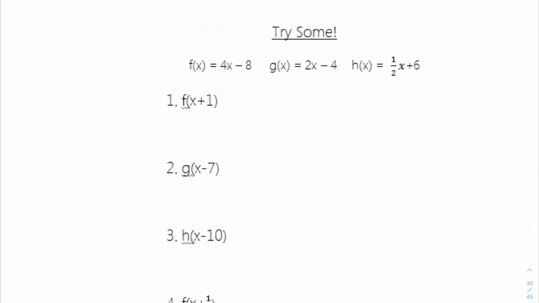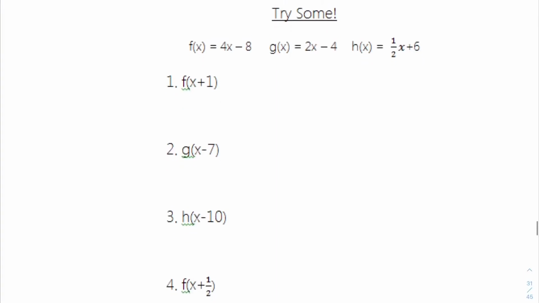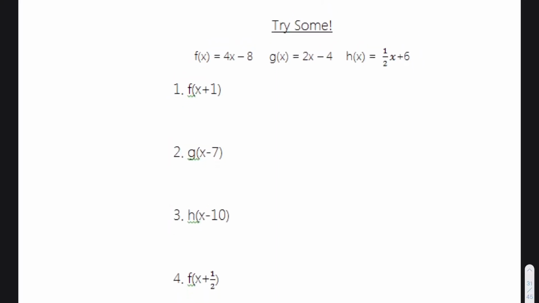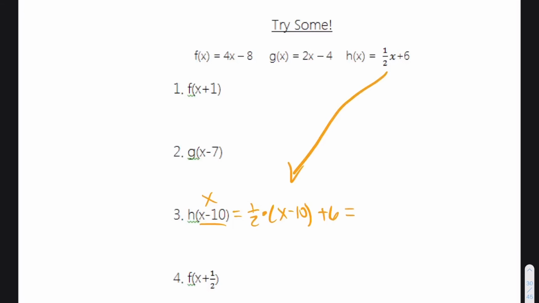I'll do one of these with you, and the others I want you to do on your own. So I will do number 3. We are going to put this for x. Instead of writing x, we're going to write x minus 10. That means 1/2 times x minus 10, because I just copied that down here, and then plus 6. So I need to distribute.